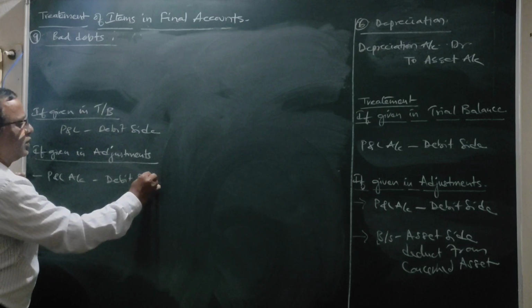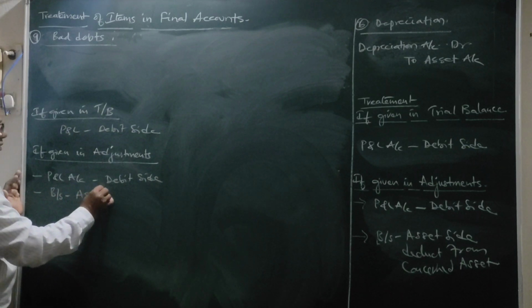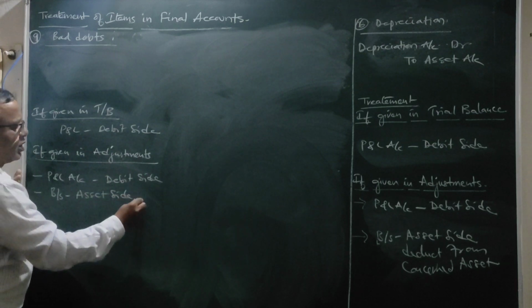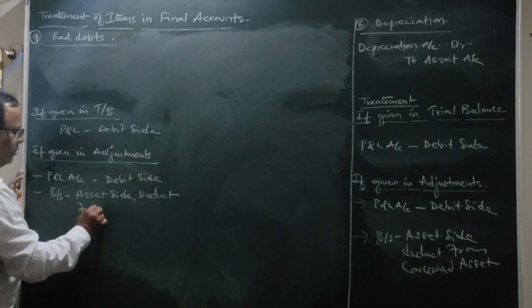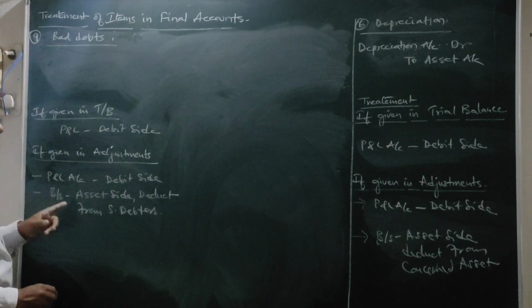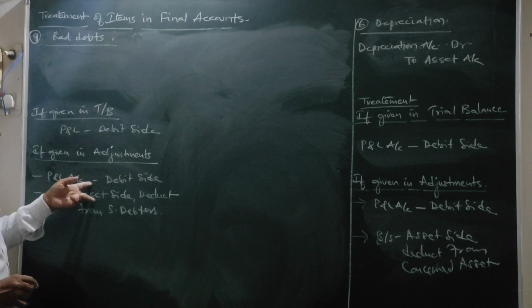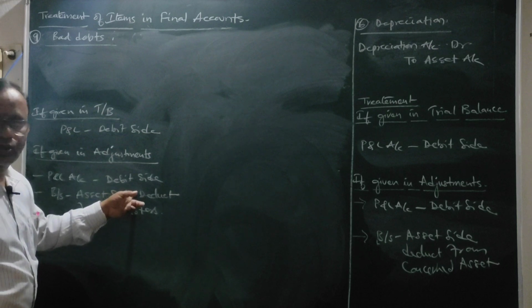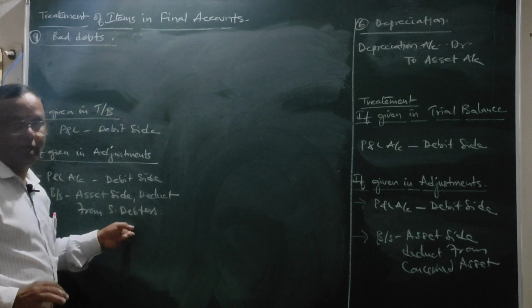Then second one, balance sheet, asset side, deduct from sundry debtors. From the sundry debtors you should subtract this particular item. If he has given an adjustment, these are the two effects we are going to give: debit to profit and loss account, and second, deduct from the debtors on asset side of the balance sheet.